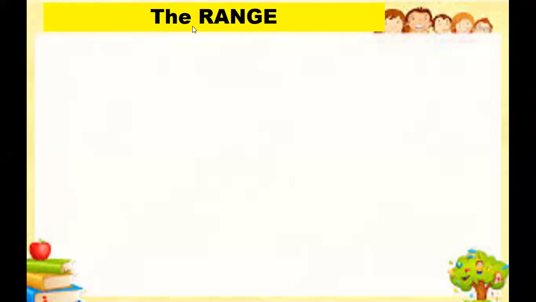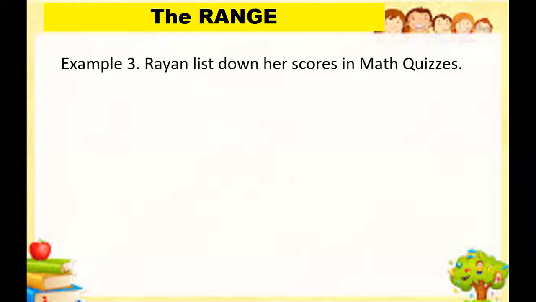I will explain what is range. We said a while ago that range is the difference between the highest and lowest value. So let's check our example here. Ryan lists down her scores in math quizzes.